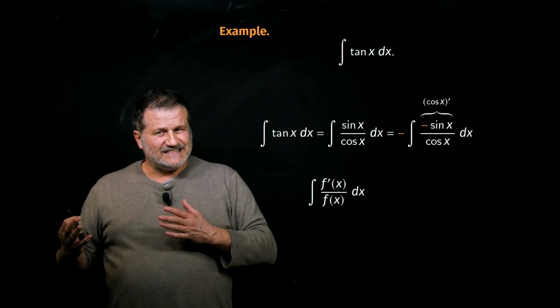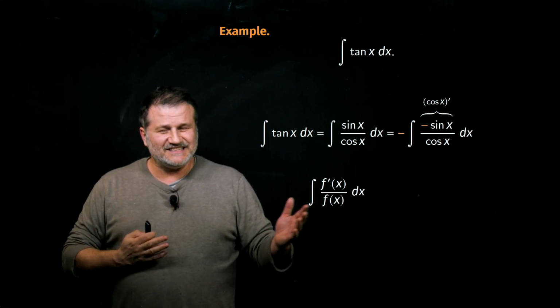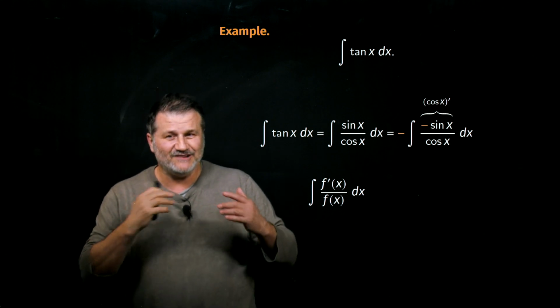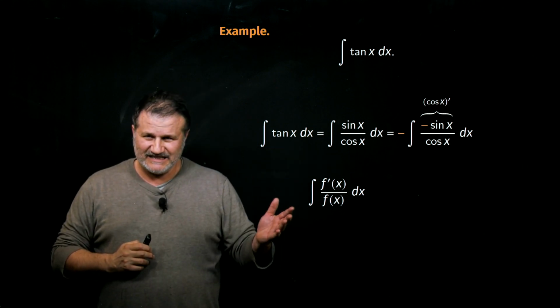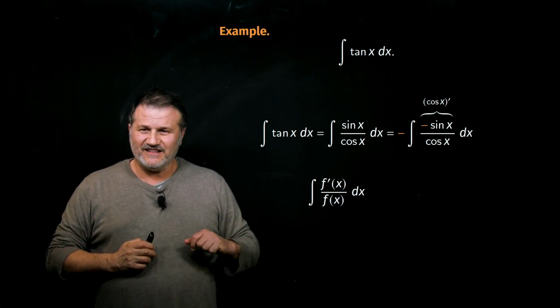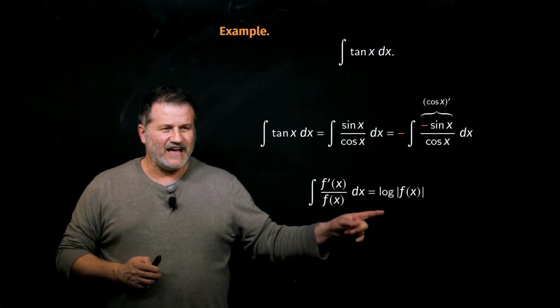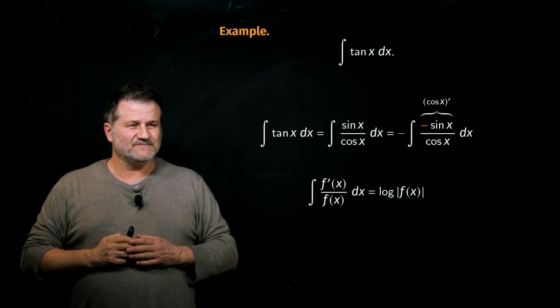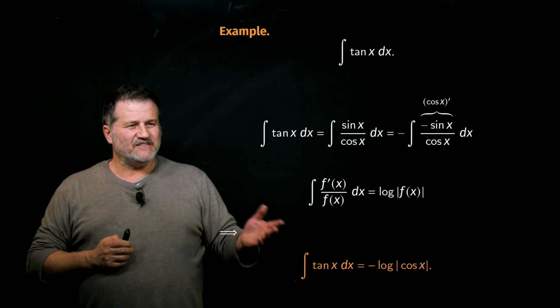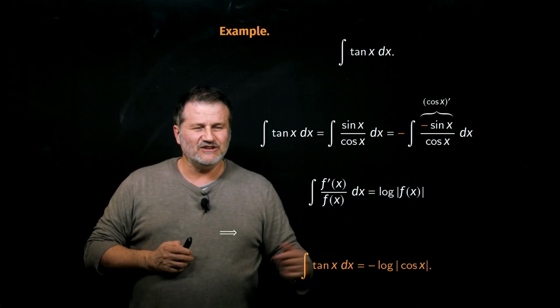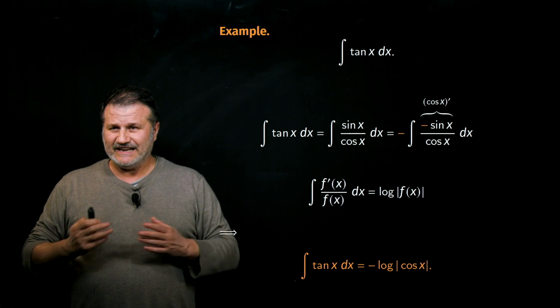But when f(x) is negative, you could obtain the same by differentiating log of minus f(x), as you can easily see. So in a unique word, this is log of the absolute value of f(x). Therefore, the primitive for the tangent is just minus log of the absolute value of cosine x.